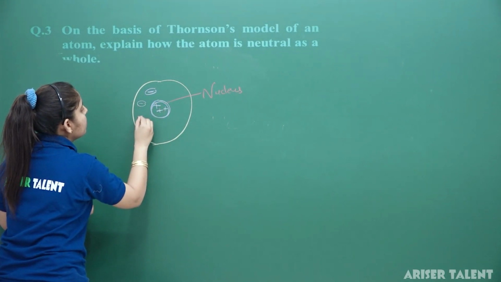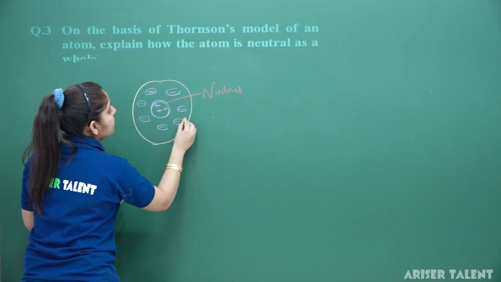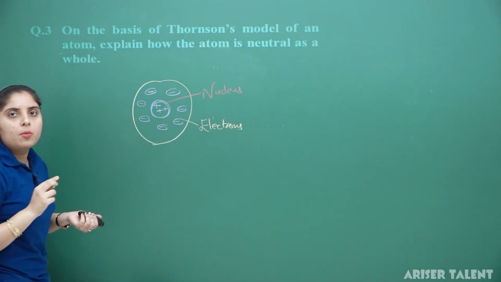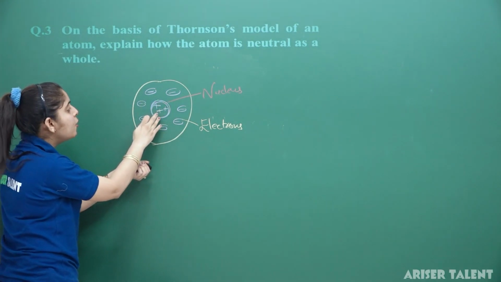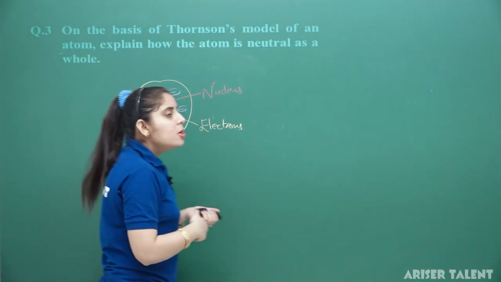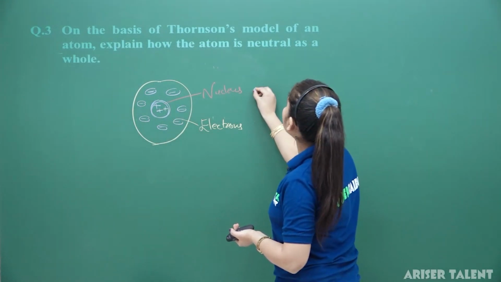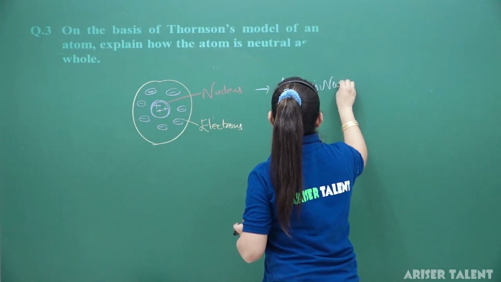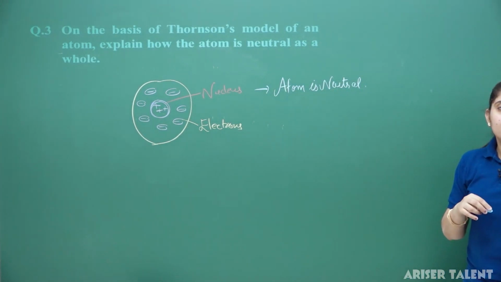So the entire positive charge present in the atom gets neutralized by the number of electrons present in the atom. So we may say that the positive charge is cancelled by the negative charge, so that the atom is neutral. So that is all about Thomson's atomic model.